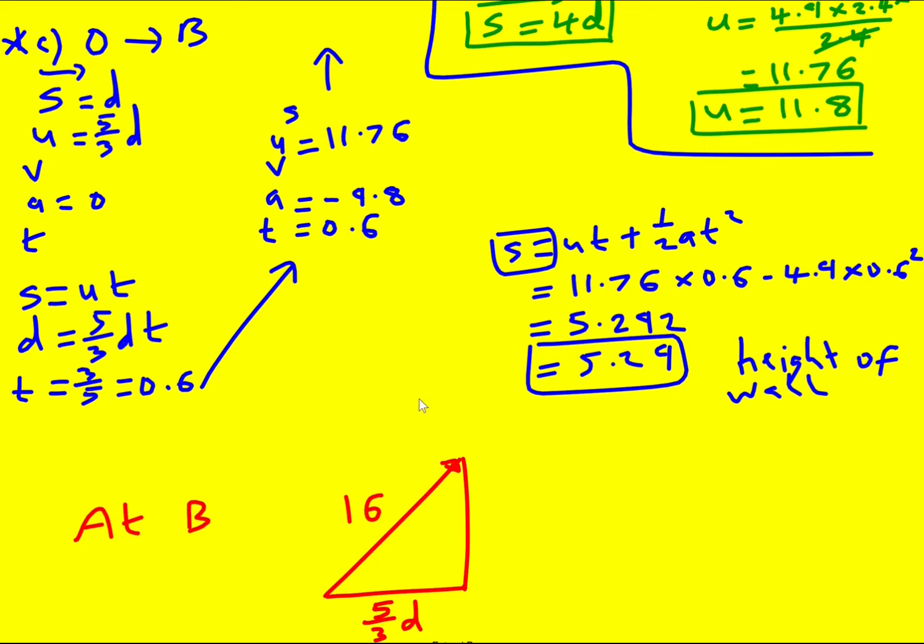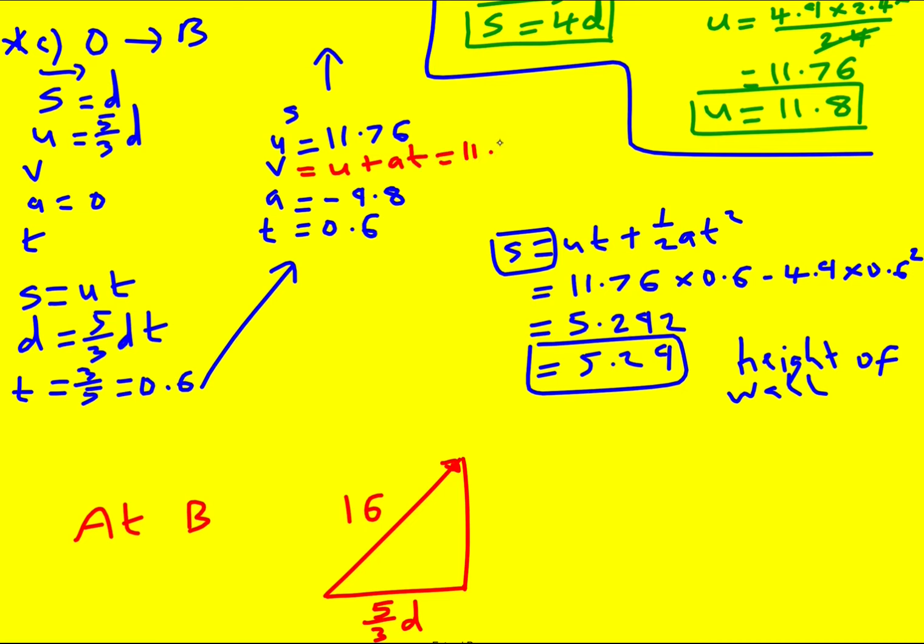We don't know the vertical component though, do we? No. So that's what we want to find here. v is going to be u plus at. That's the best one to use.